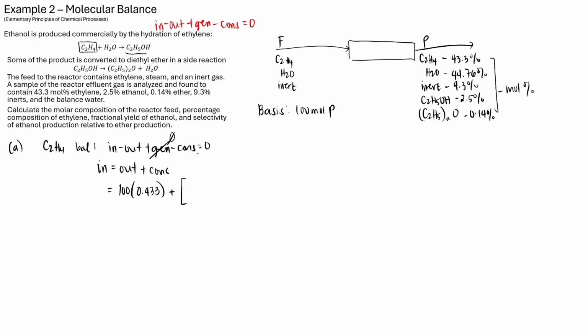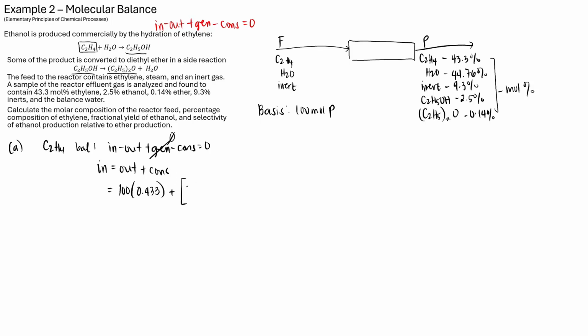So that's 1. Additionally, production ng ether needed ethanol. But we know that ethanol needed C2H4. So, kailangan natin yun i-take into account. We need to take that into account. So, the consumption term is based on C2H5OH, yung ethanol, and C2H5OC2H5, which is the ether.